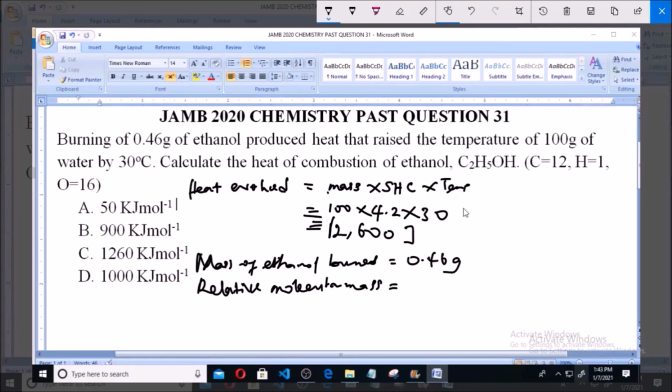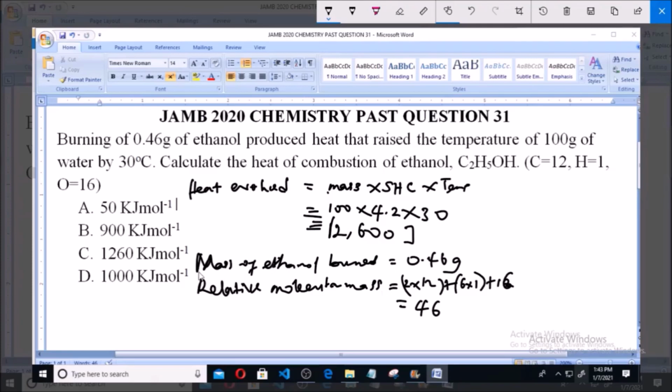So when you calculate this, we have 2 carbon, which is 2 times 12, plus 6 hydrogen, which is 6 times 1, then plus an oxygen, which is 16, and that will give us 46. So 46 is the relative molecular mass of ethanol.